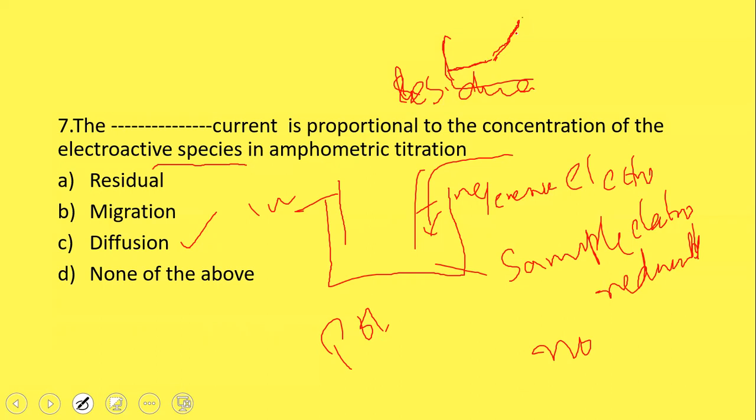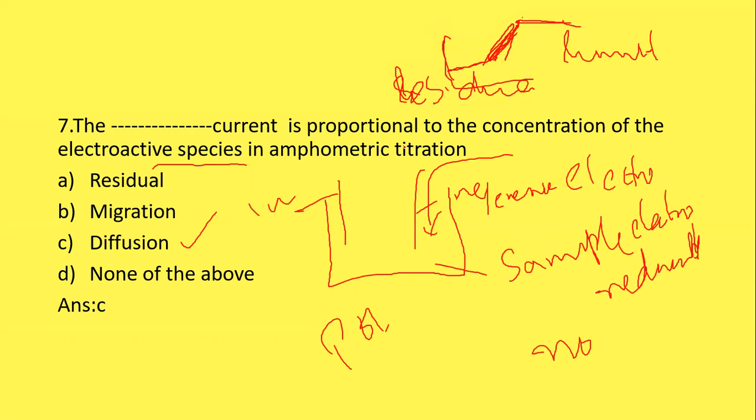Then the current will be constant. That constant is known as the limiting current. So the diffusion current is proportional to the concentration of electroactive species in amperometric titration. Hope you clear this concept.